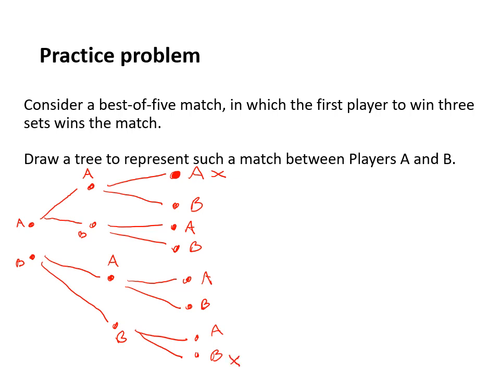That means that they won the best of 5, and at that point we stop. And then these are still going to be expanded. So that's how you would draw this tree. And then once you draw the whole thing, you can count various types of outcomes.